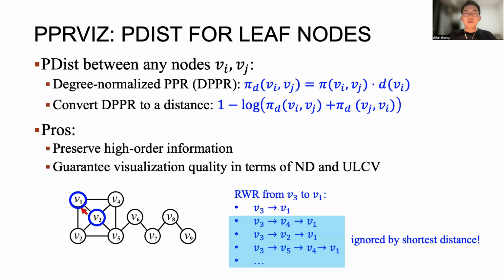In contrast, the shortest distance only considers the first one. Second, PDist guarantees the quality of realization in terms of ND and ULCV. These two advantages mean that the resulting realizations reflect the topology information while providing a clear representation.